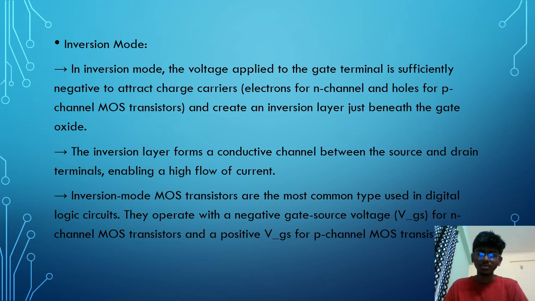Inversion mode MOS transistors are the most common type used in digital logic circuits. They operate with a positive gate voltage VGS for N-channel MOS transistors and a negative VGS for P-channel MOS transistors. This is about the inversion mode in MOS transistors.